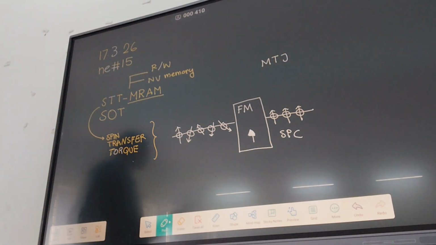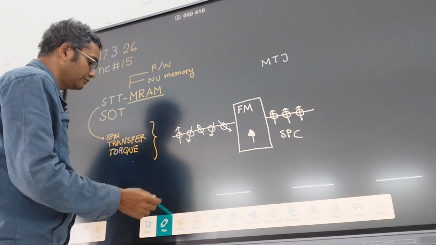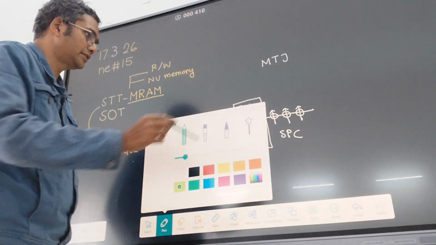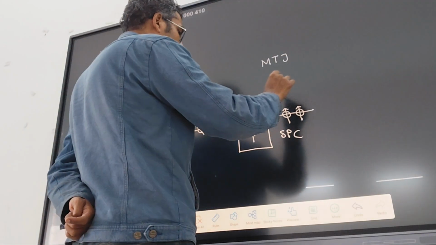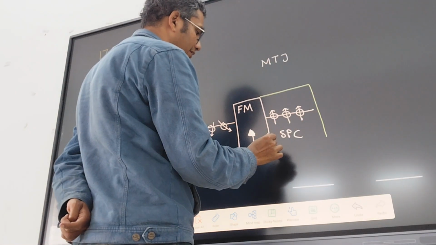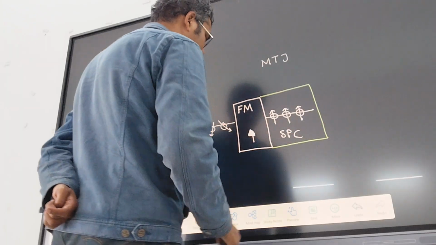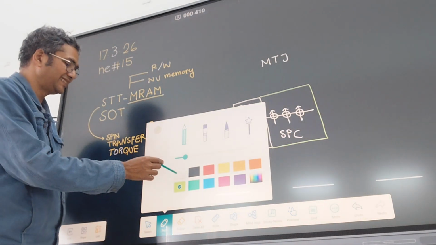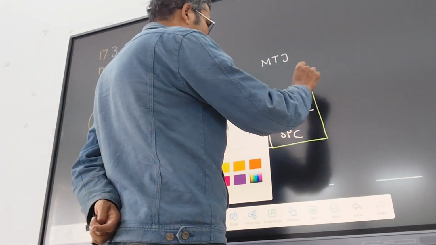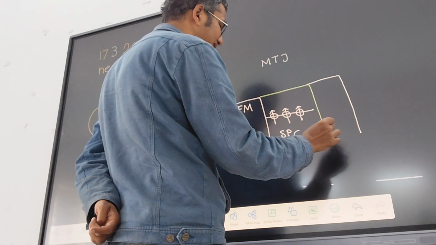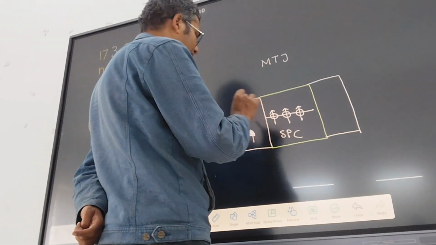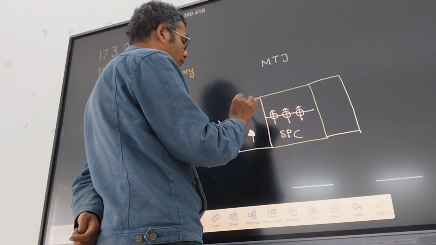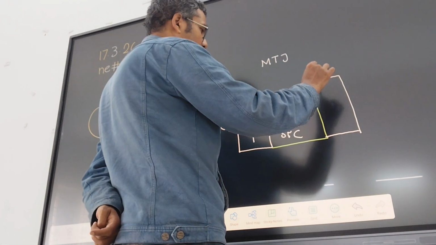MTJ stands for magnetic tunneling junction. That means you have to create an insulator here and then another ferromagnetic layer. This is ferromagnetic 1.